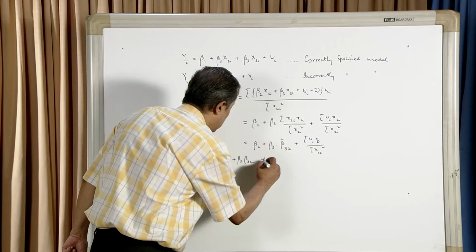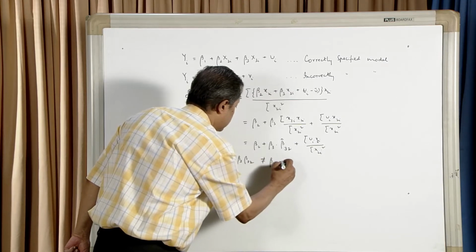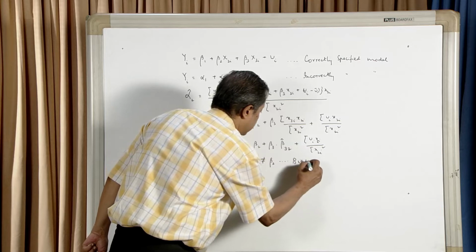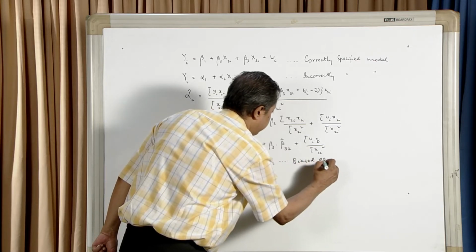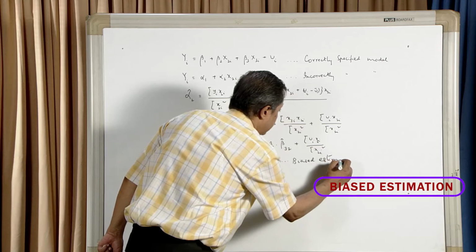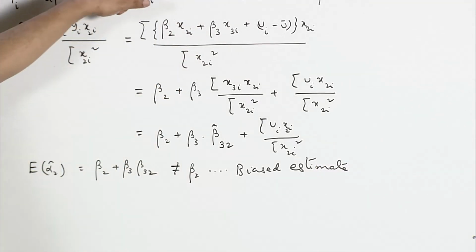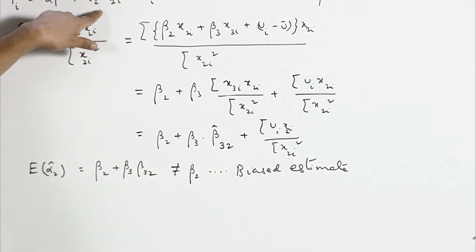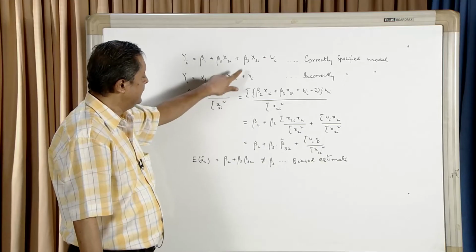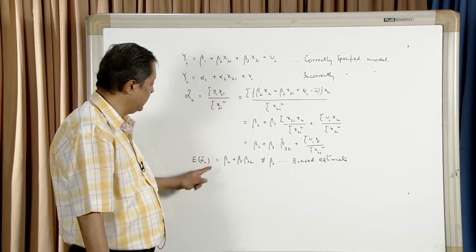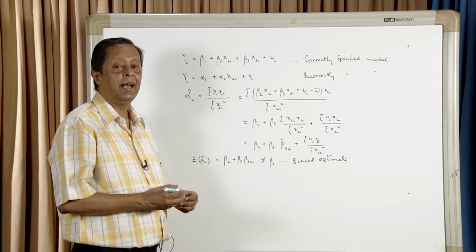Therefore, this is not equal to beta 2 and that means the estimate is biased. That is the basic problem if we omit a variable that is correlated with the variable that is correctly included: the shadow of that omitted variable comes into the estimation, and the estimation procedure leads to a biased estimate.